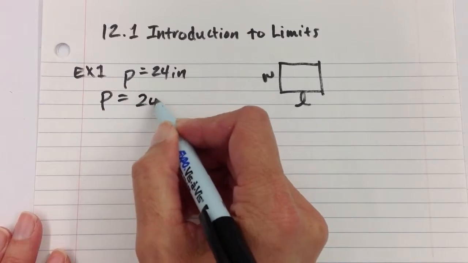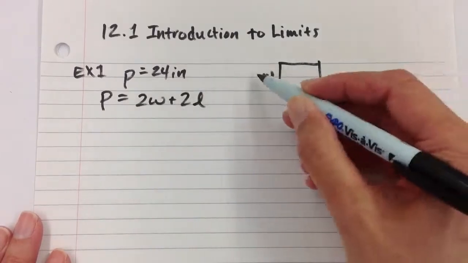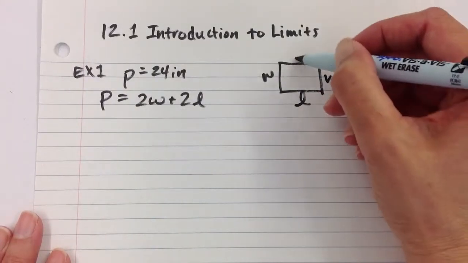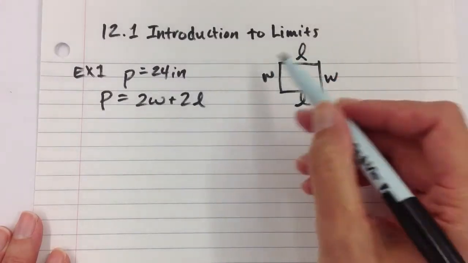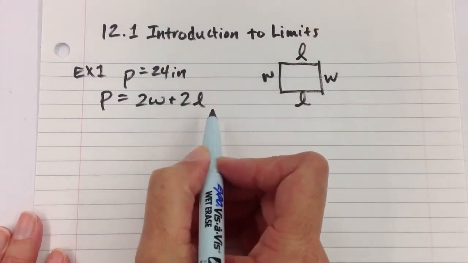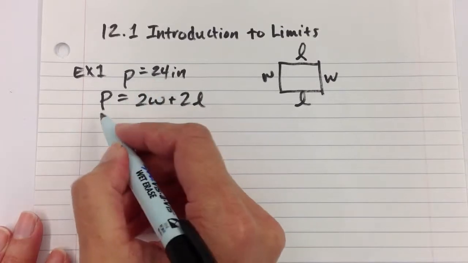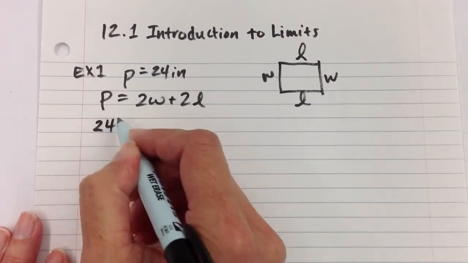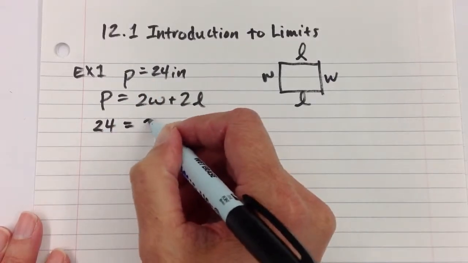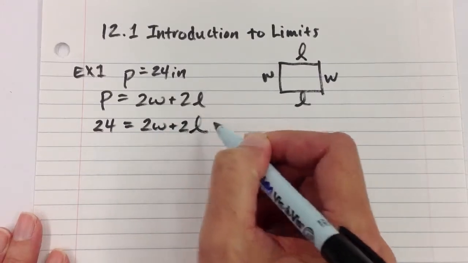Okay, so it has 2 widths plus 2 lengths, right? So we have a width here, a length there, and a length there. So we add those 4 sides together. 2w plus 2l equals the perimeter. But they told us the perimeter is 24, so we can substitute 24 into there. 24 equals 2w plus 2l.